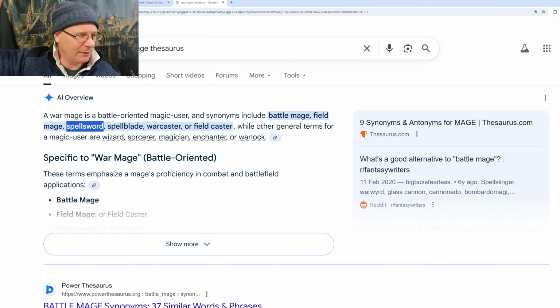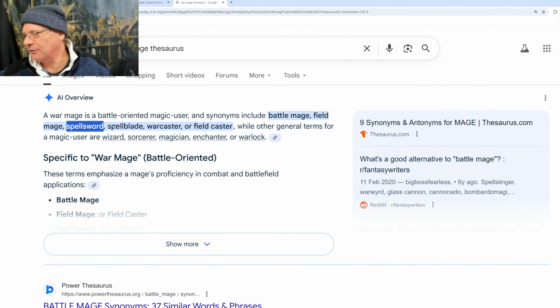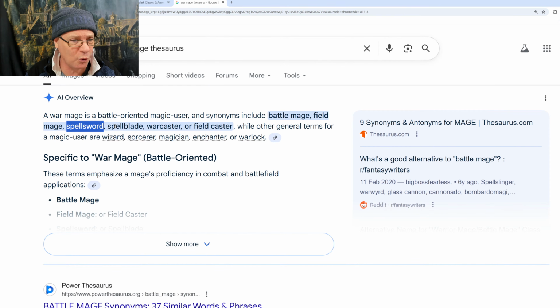Frankly, I would prefer not to have to contend with that, and of course, Blade Singer feels very similar to War Mage, doesn't it? So it's got to have a different focus. And those two names would be perfect in terms of titles for that. But they could also be used for War Mage, which is a pain. And then Spell Blade, Spell Sword.